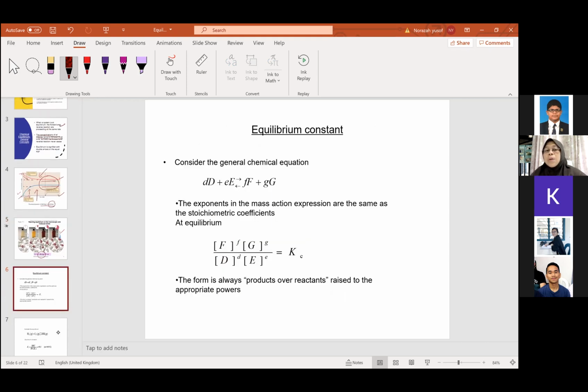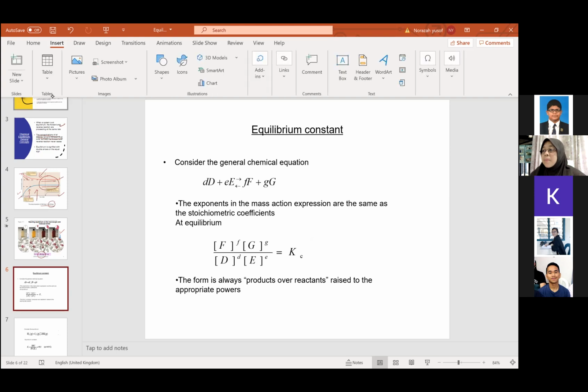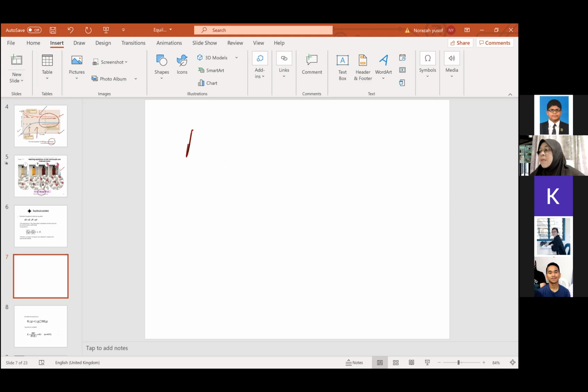Okay, so how do we put it into a mathematical equation? Do not be confused with kinetics. If you remember kinetics, let's say you have A plus B forming C plus D. In terms of kinetics, we discussed K, which is the kinetic constant.